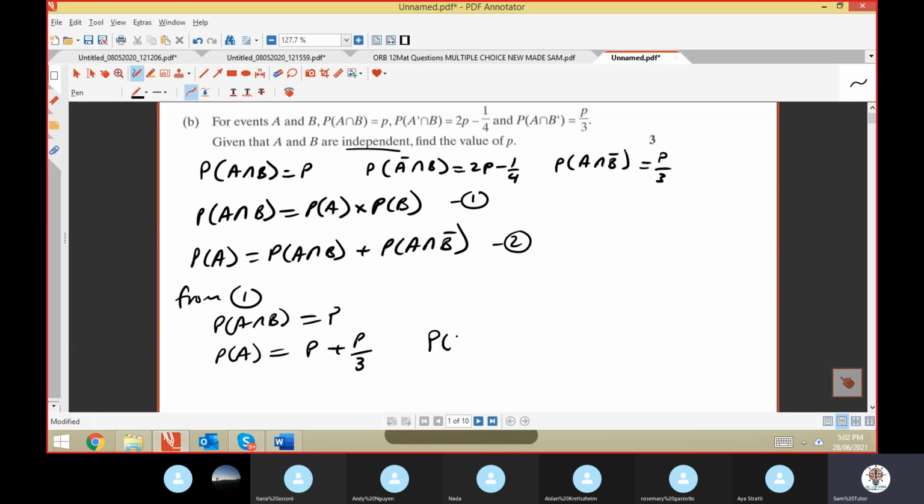And probability of B, same formula, would be probability of A and B plus probability of not A but B, so P plus 2P minus a quarter. I'll pause there. Just let all of that sink in for a second.